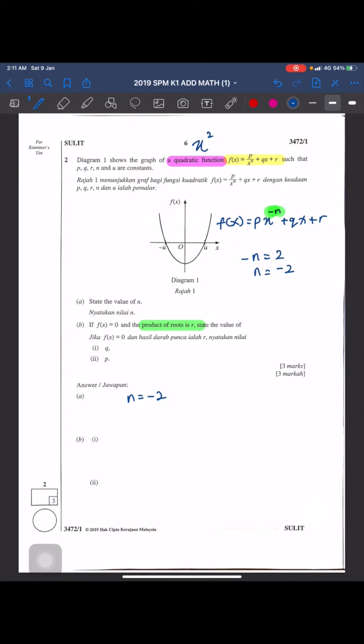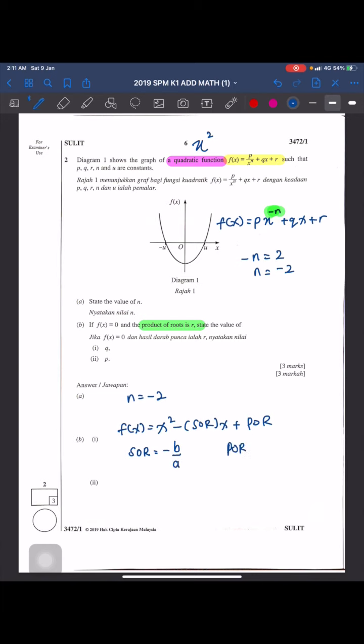Okay, so kita cuba ingat balik. Okay, kita pernah belajar tentang fx equals to x square minus sum of root x plus product of roots. Okay, kita tahu sum of roots, formula dia adalah negative b over a.